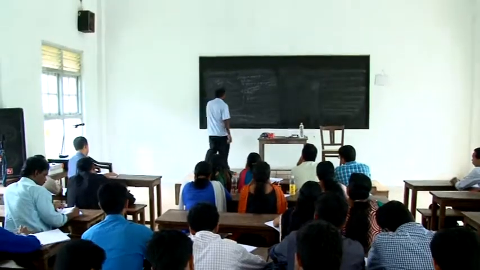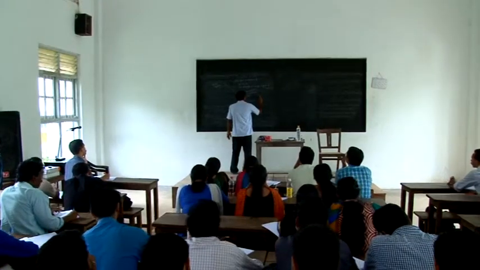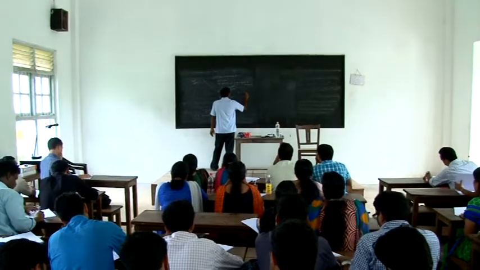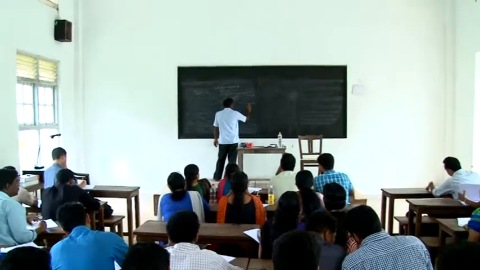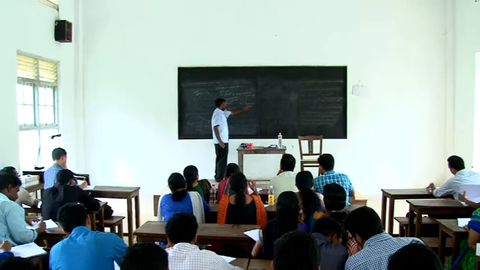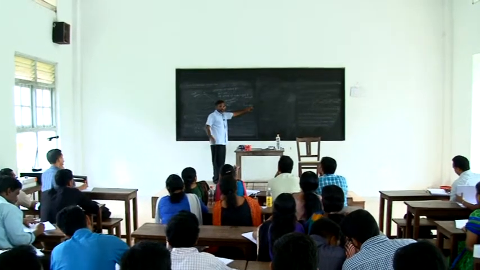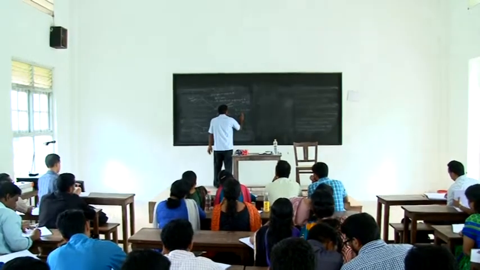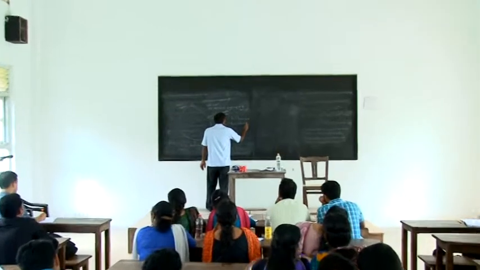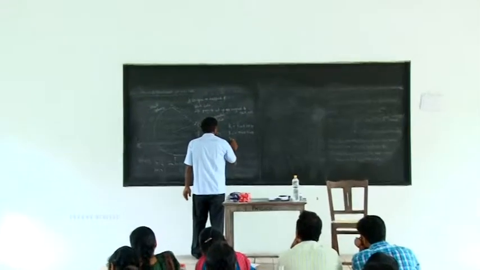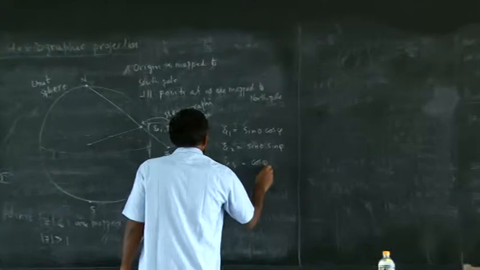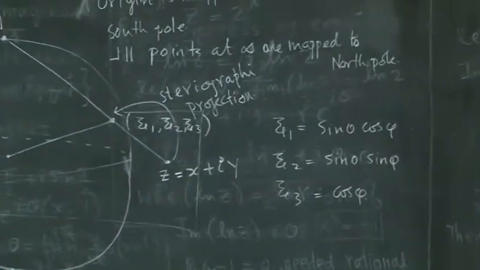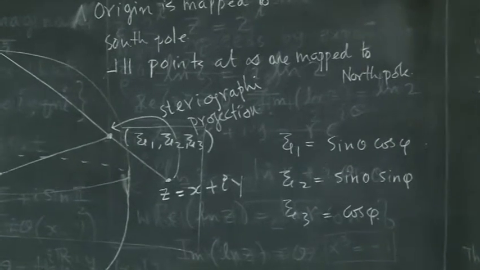And in the spherical polar coordinates, xi1 is sine theta cos phi, where theta and phi are the colatitude and azimuthal angles. Xi2 is sine theta sine phi, and xi3 is cos theta, since I have called it a unit sphere, so the radius is 1.